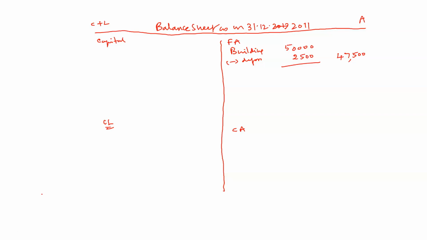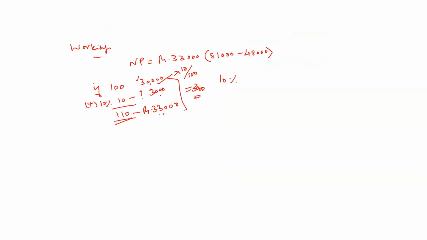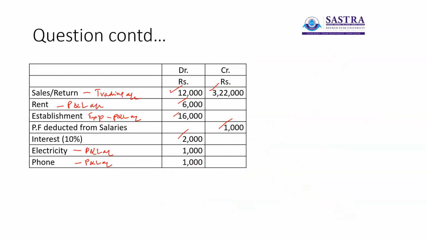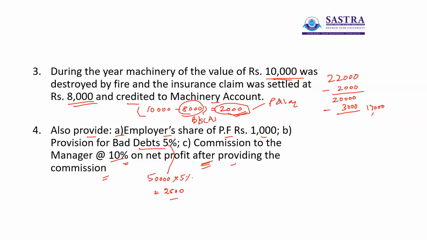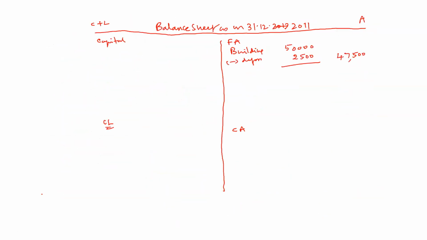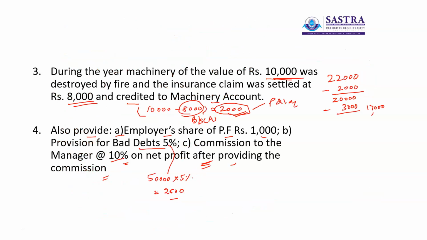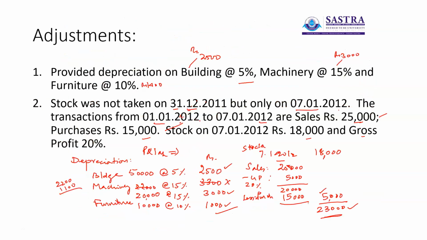So next item on the trial balance is machinery. $22,000. Less loss, 2,000, loss by damage due to fire. So on 20,000, it is 15%.